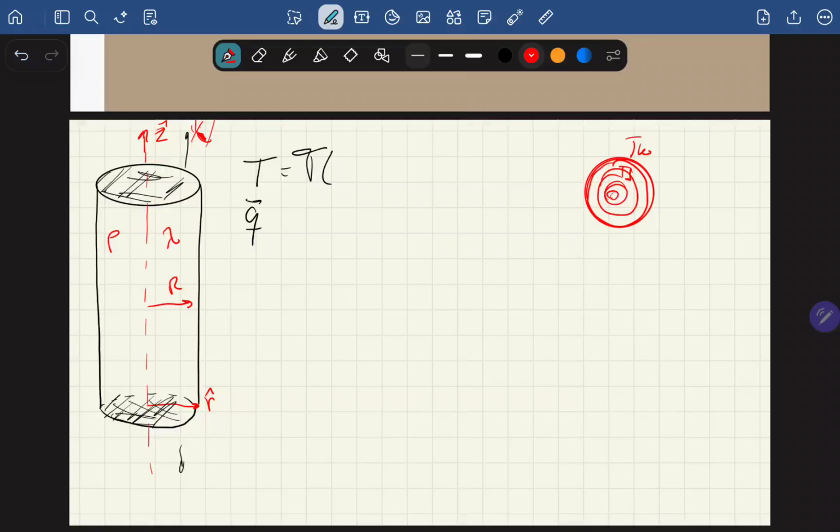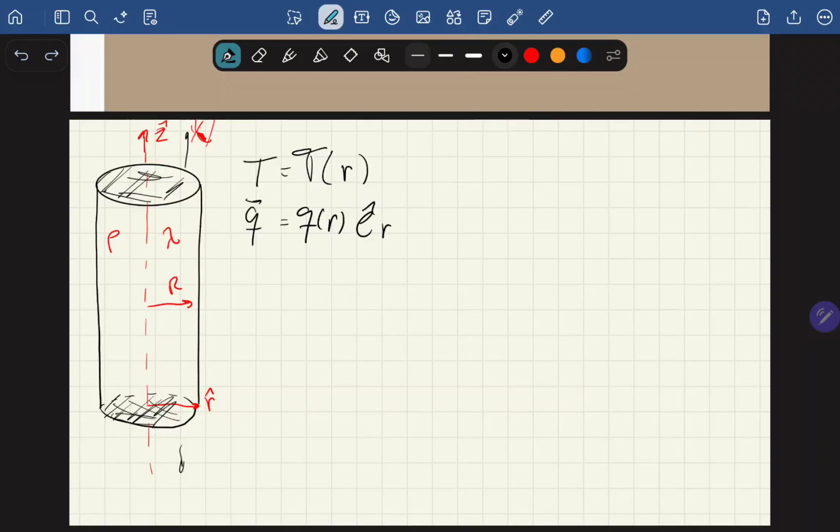So the temperature is the same in full rings, in which the circumference of these circles would have constant temperature. So T is only a T of R, and Q is only a Q of R, or we can say that this is Q of R e_r, right? Okay, so heat only flows in the radial direction.